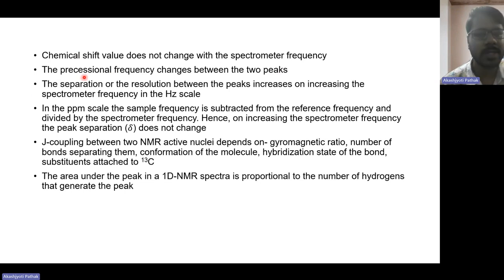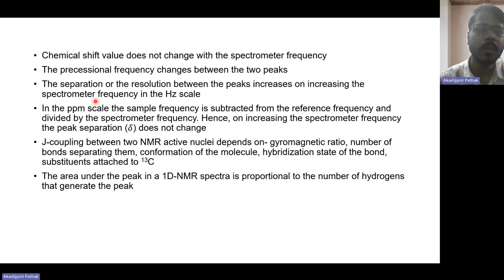So this is an important point. The frequency will, however, change with the change in the spectrometer frequency. So in the Hertz scale, the separation or resolution between the peaks increases on increasing the spectrometer frequency.